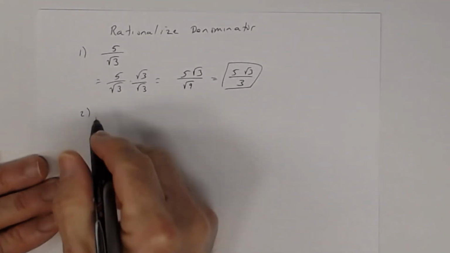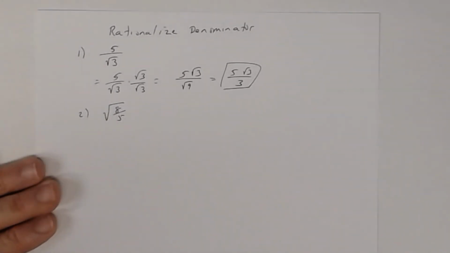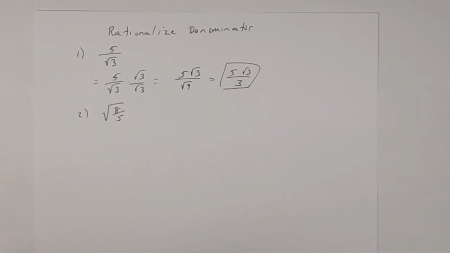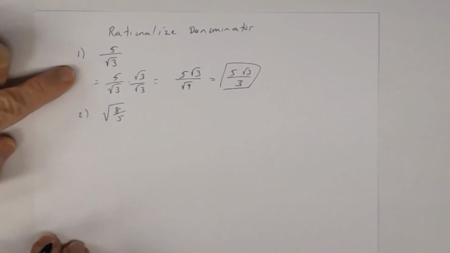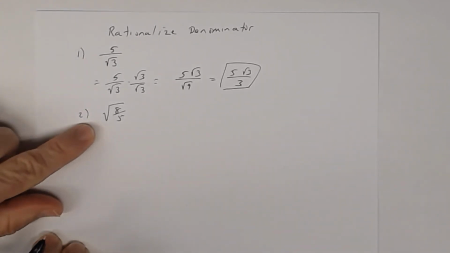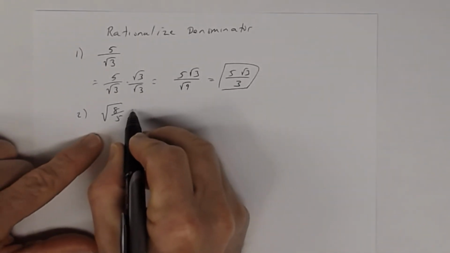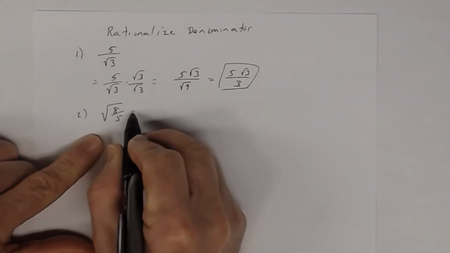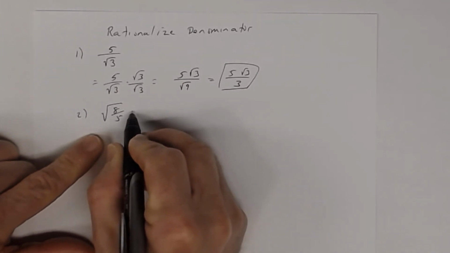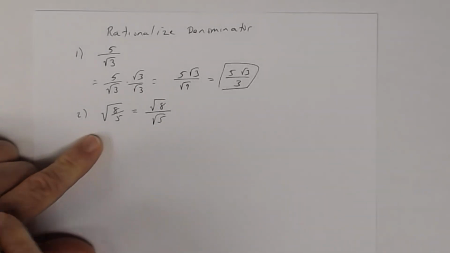So let's get number 2. Number 2, let's suppose we have the square root of 8 divided by 5. All right, now this looks a little bit different than number 1, because notice that this says square root of 8 divided by 5, but you've learned something about the quotient rule for radicals. So you know that according to the quotient rule, I can rewrite this as the square root of 8 divided by the square root of 5, right?